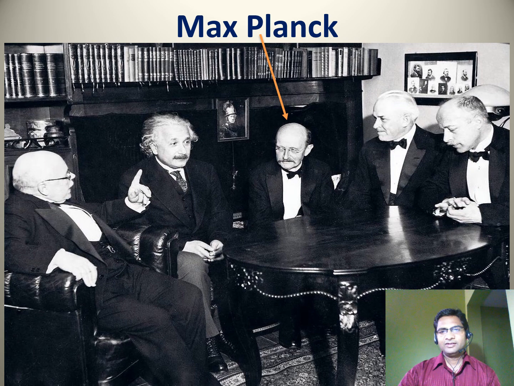There is a very famous picture taken in 1928 in Berlin at a science conference. In the center you are seeing Max Planck, and left to Max Planck is Einstein and left to him is Nernst. On the right side of Max Planck is Millikan and right to him is von Laue.